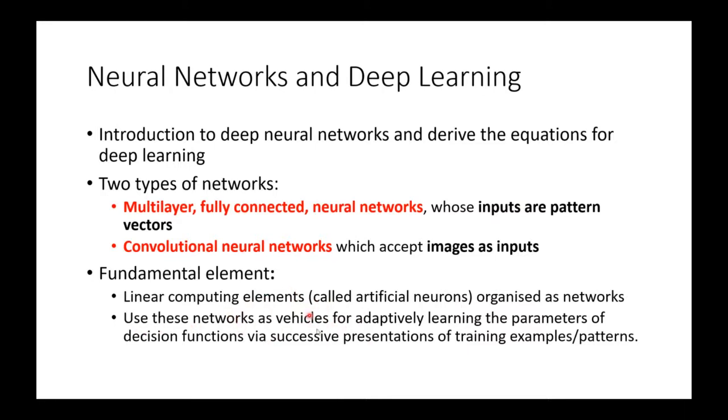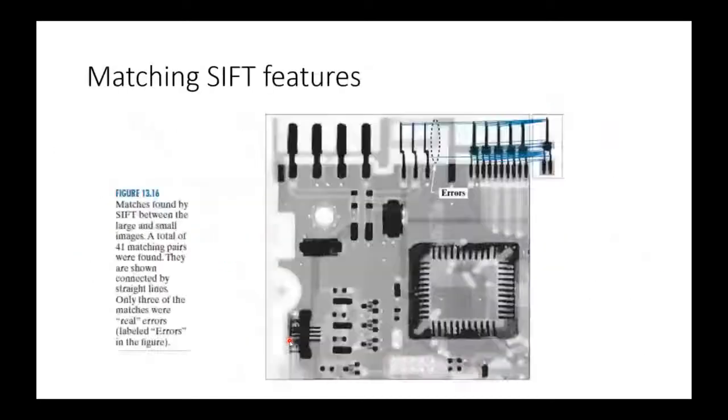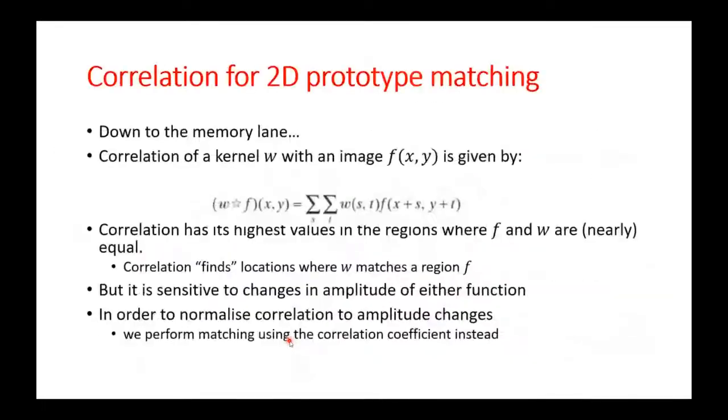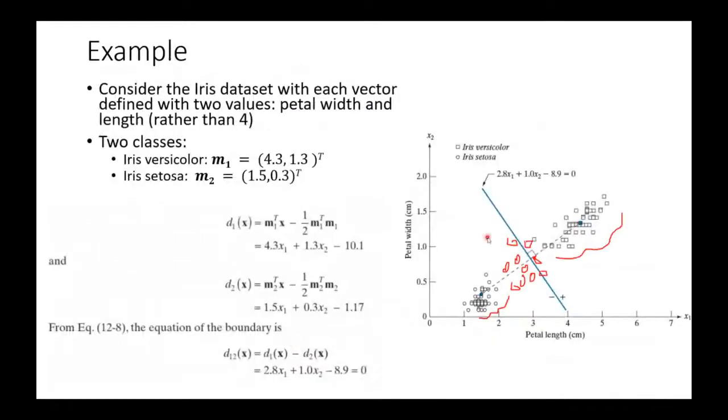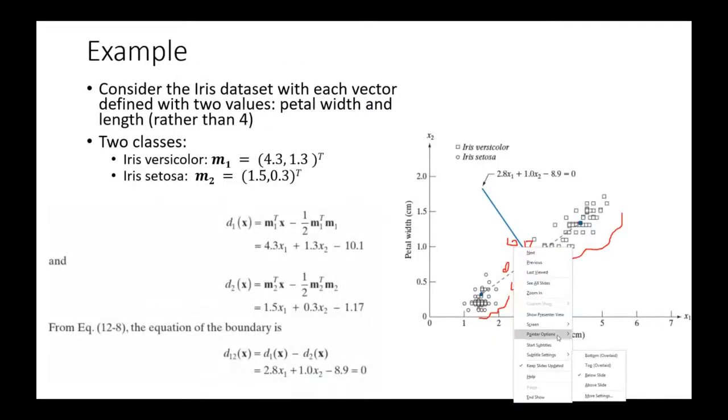And these networks are used as vehicles for adaptively learning the parameters of decision functions via successive presentations of training examples and patterns. In a sense, the goal of the neural network is what we've done in this case here.